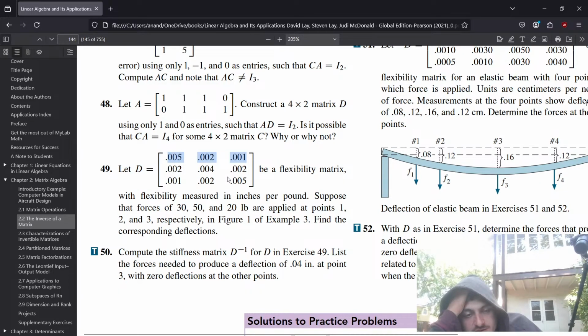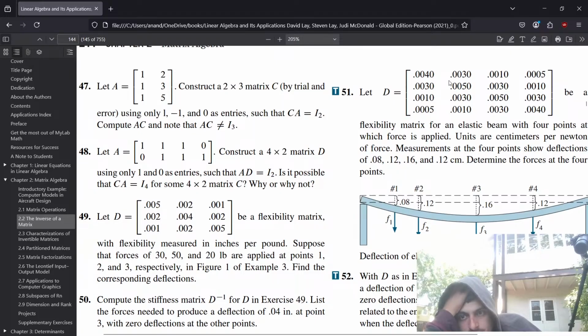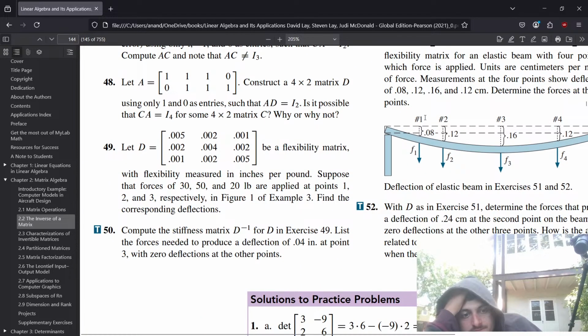Oh, okay. Oh wait, no, I did this wrong. Oh, but it is a symmetric matrix. I guess that makes sense, kind of. Is this one symmetric? Yeah, it's symmetric. Okay.